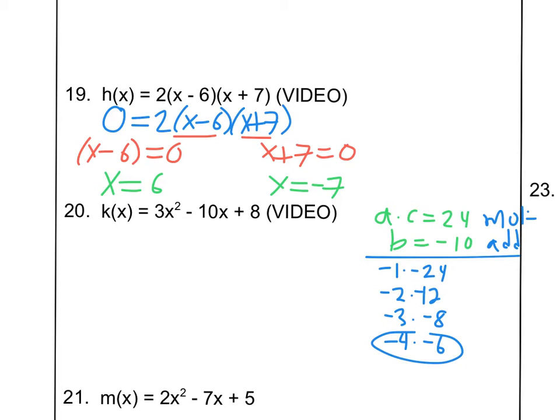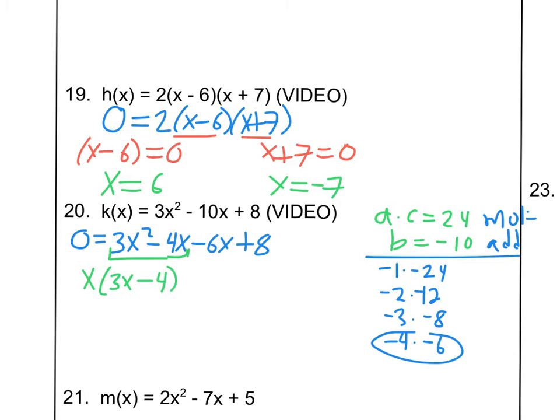That means I'm going to rewrite this as 0 is equal to 3x squared minus 4x minus 6x plus 8. I group the first two. They only have an x in common. So I'm going to write that as x, and then I get 3x and a minus 4.